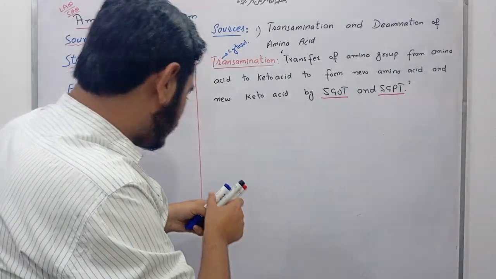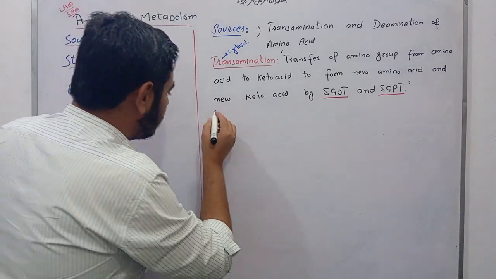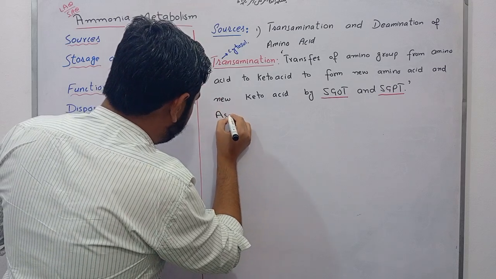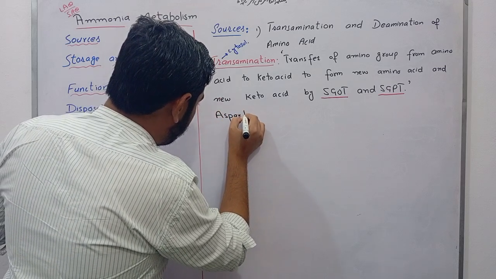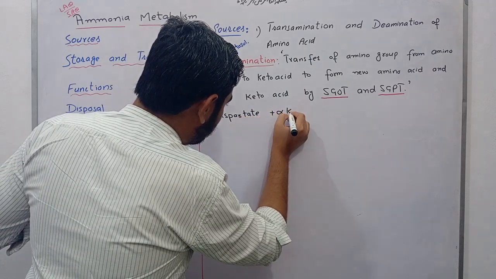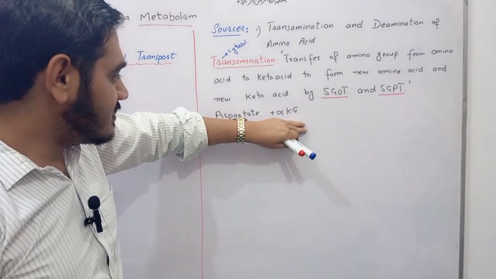So here, please note, this is the aspartate and alpha ketoglutarate. This is the amino acid and this is the keto acid.